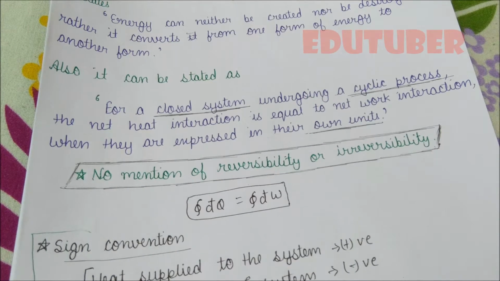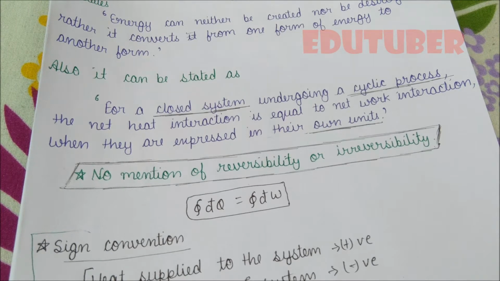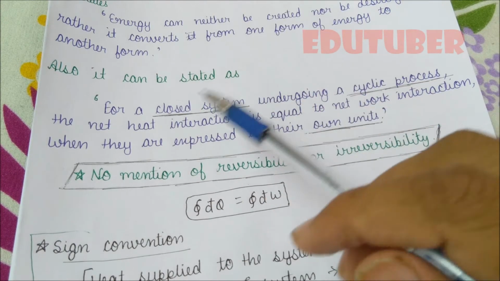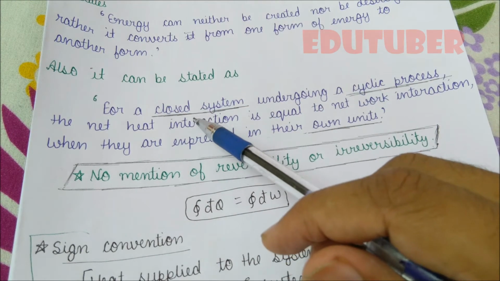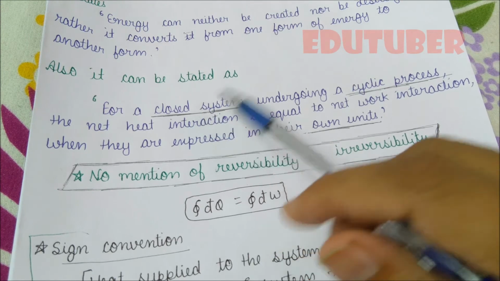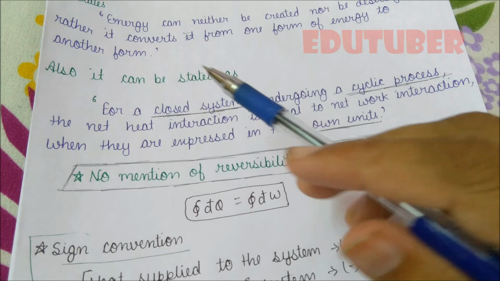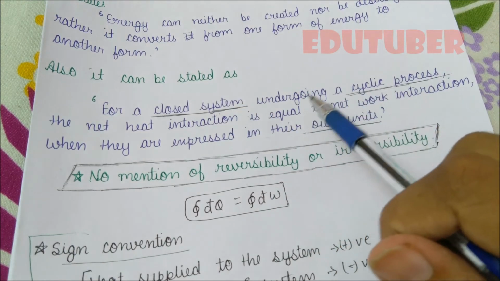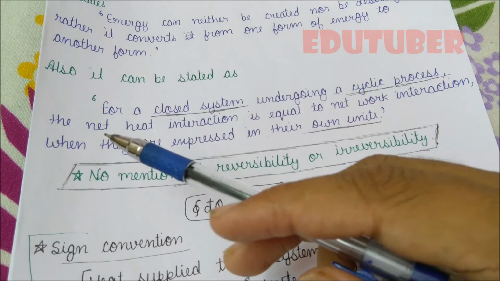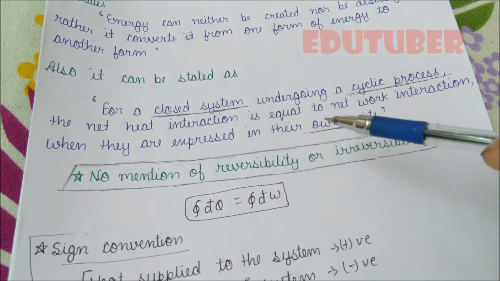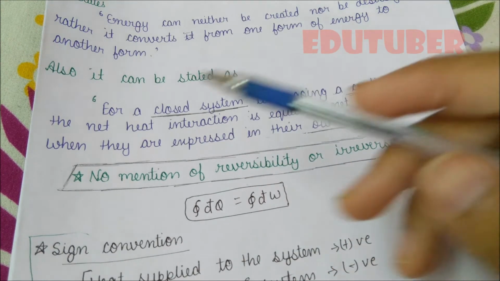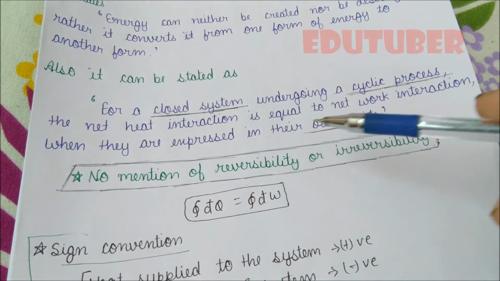So, if we talk in thermodynamic terms, meaning system, surrounding, process, the interpretation of the law of conservation of energy can be stated as: for a closed system undergoing a cyclic process, the net heat interaction is equal to the net work interaction when they are expressed in their own units.